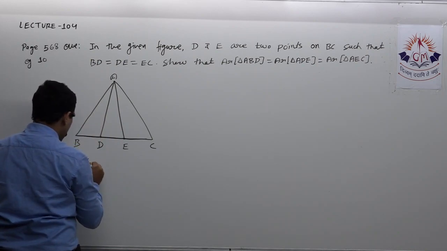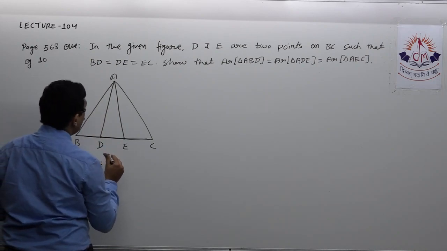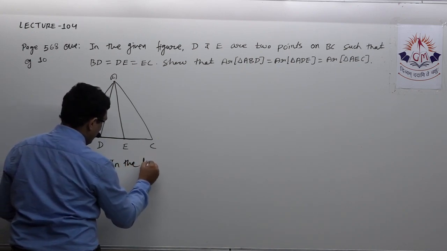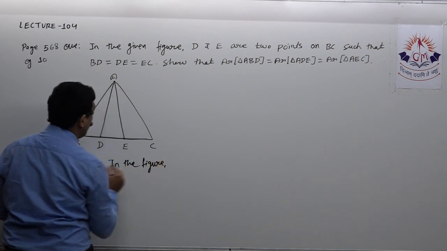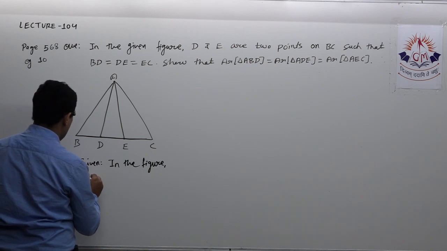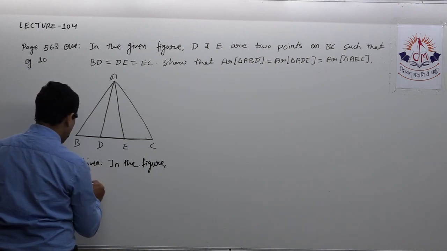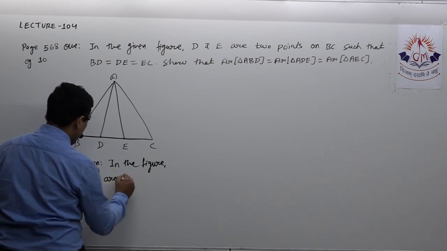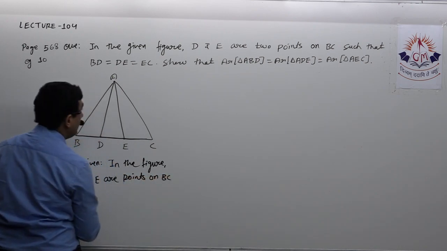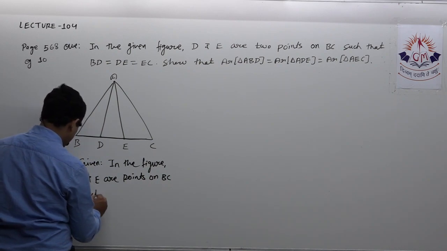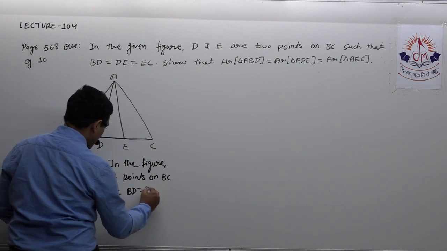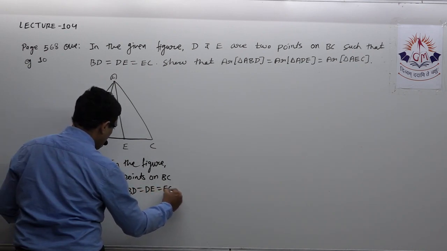So here, given in the figure, D and E are points on BC such that BD is equal to DE is equal to EC.